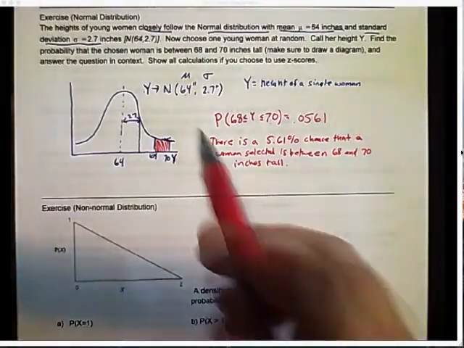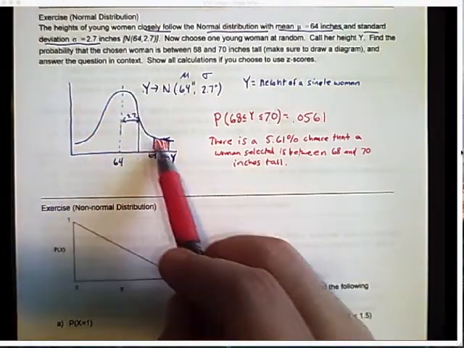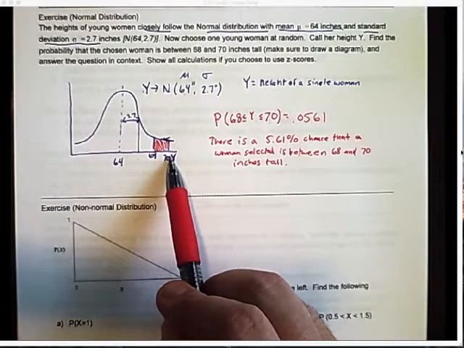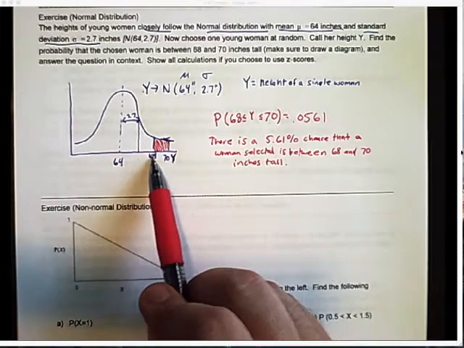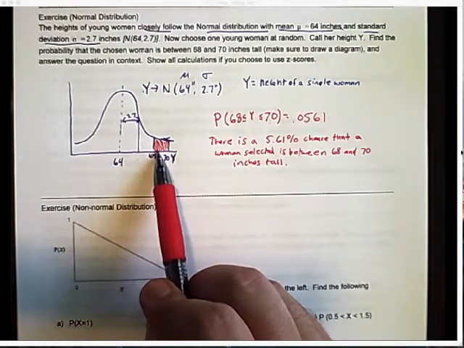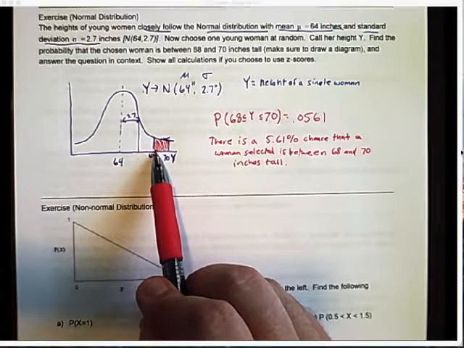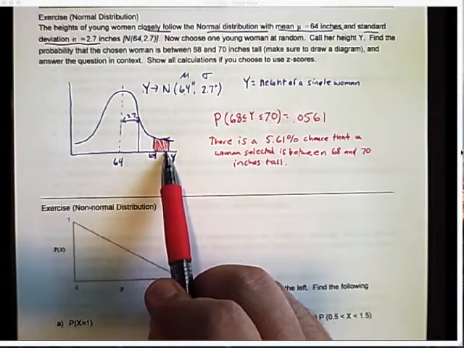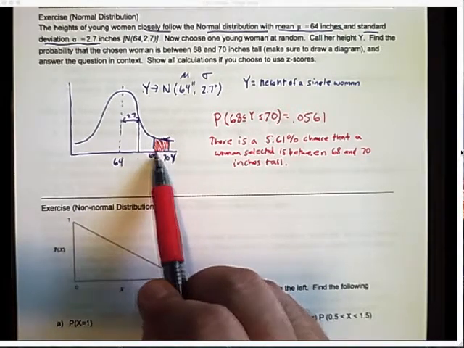So that's a normal distribution. Remember, this is continuous. It takes every number into account between 68 and 70. So it takes 69, it takes 68 and a half, it takes 68 and a quarter, it takes 69.99, it takes all of these numbers. That's why it's continuous.